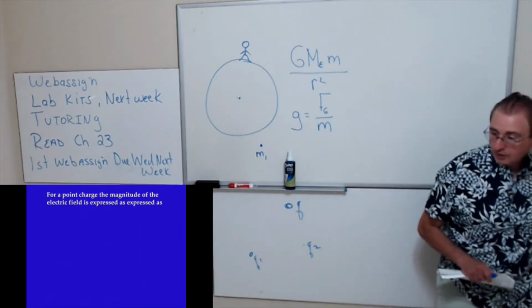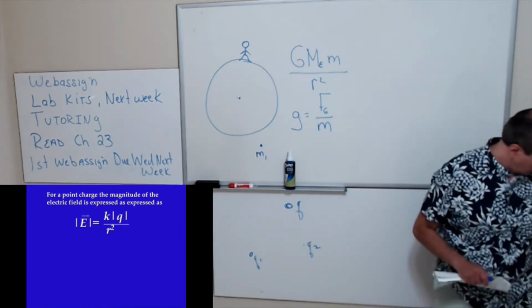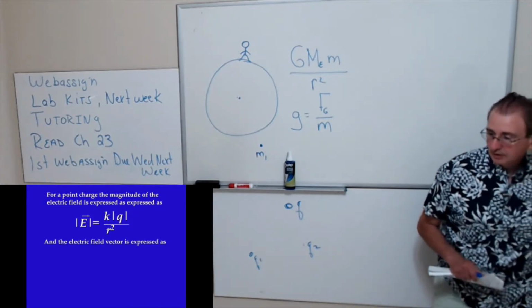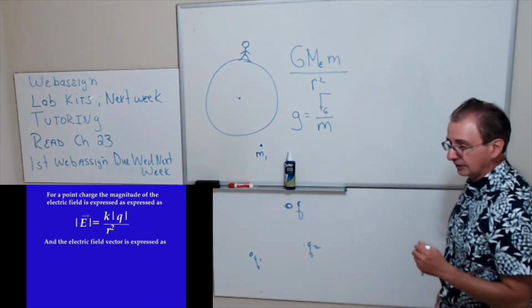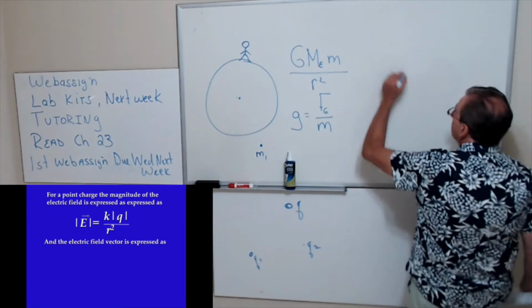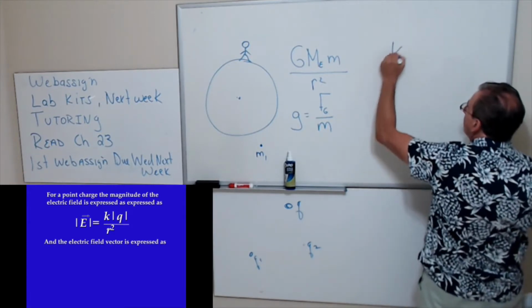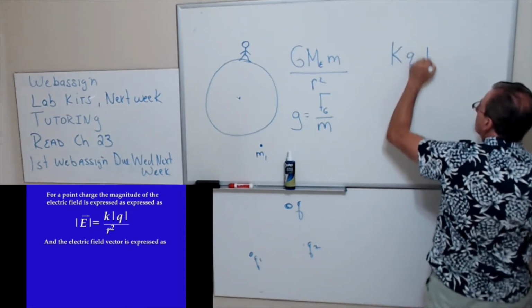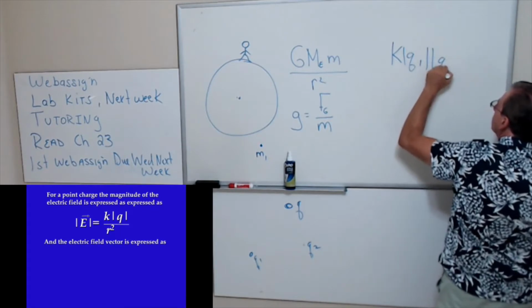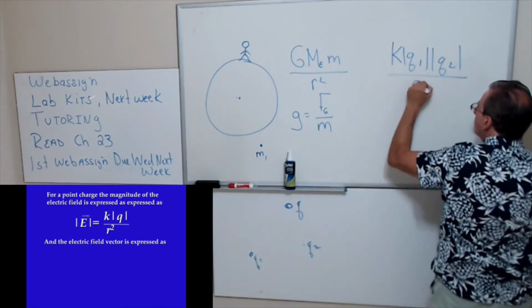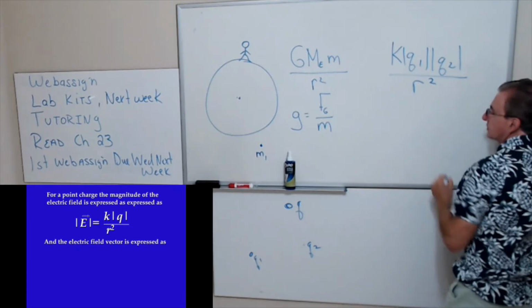Now, for a point charge, the magnitude of the electric field is pretty straightforward because remember, Coulomb's law says K times Q1 Q2 over R squared is the electric force.